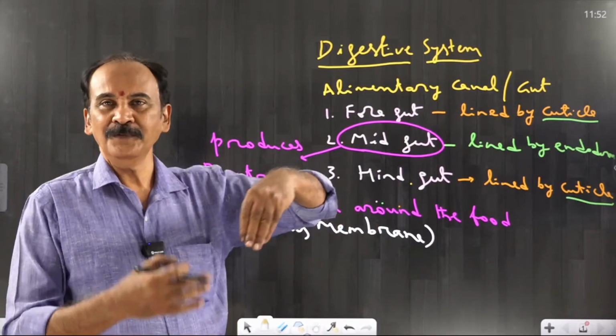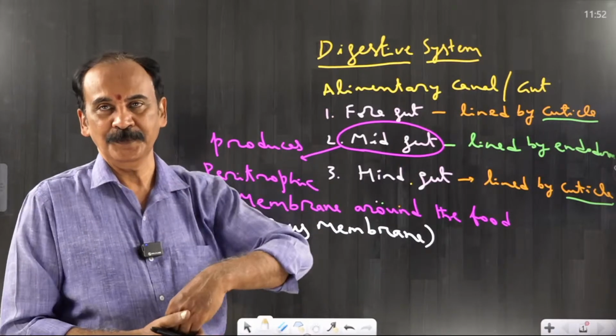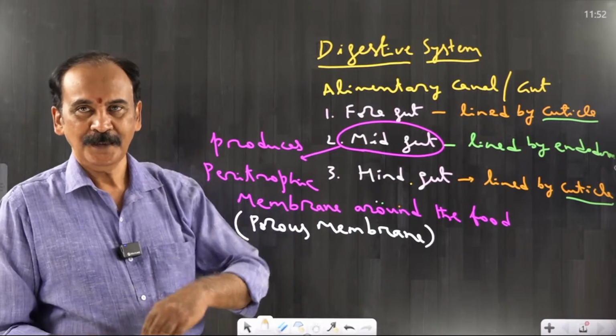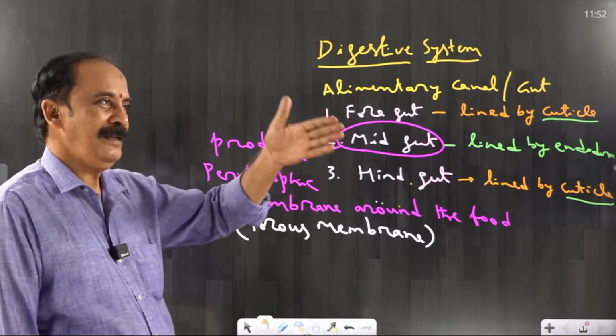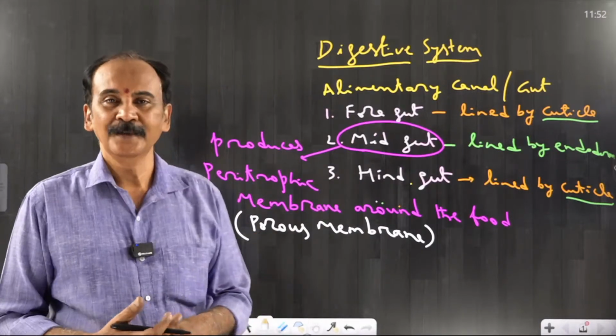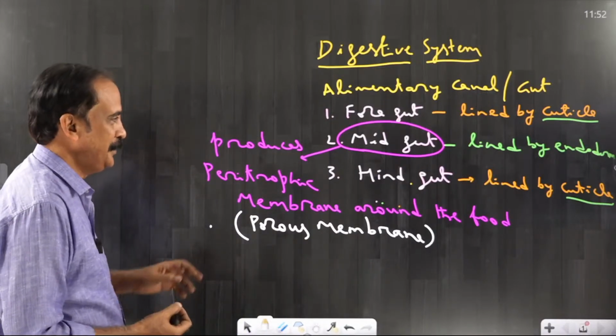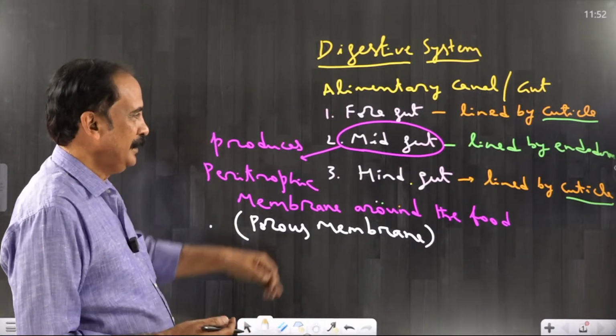At the same time, after the digestion, the digested food also can come out and get absorbed. And the membrane will be protecting the lining of the midgut from any damage being caused by the food material. That is about the things you should remember about the three regions.